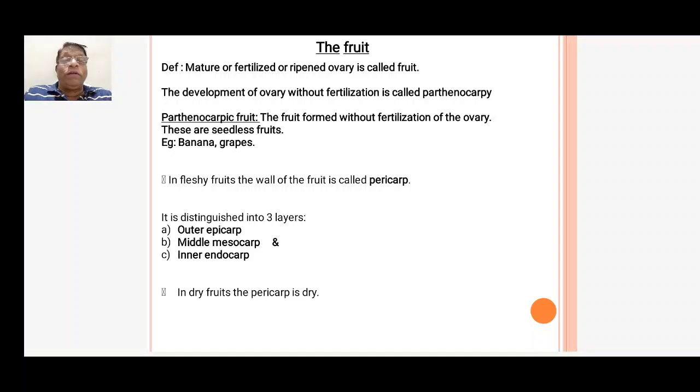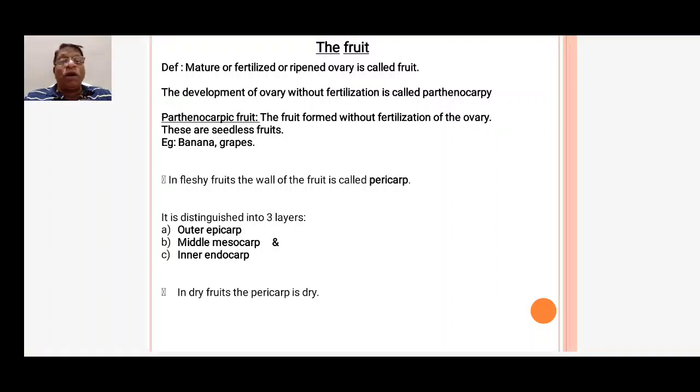The blue colored one, that is a parthenocarpic fruit. Even papaya. Artificially, we may develop parthenocarpic fruits. For example, in cucumber, papaya, guava.